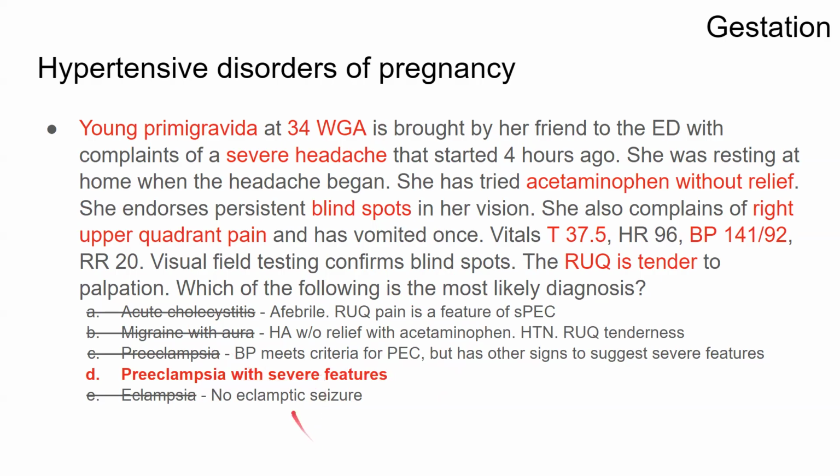Among the most severe hypertensive disorders of pregnancy is eclampsia. You rule this out because she has not had a seizure. If a woman has preeclampsia and has a seizure, immediately that's eclampsia. I think the diagnosis changes.